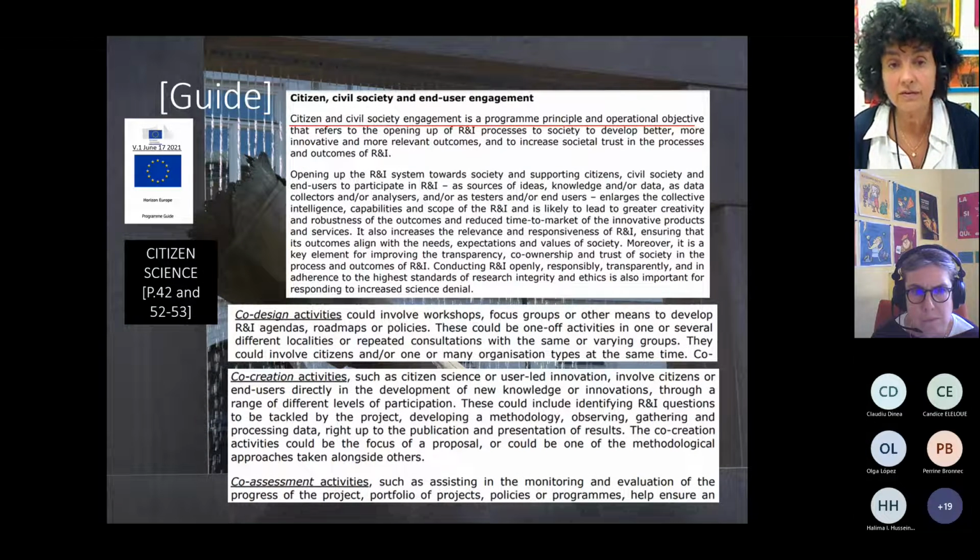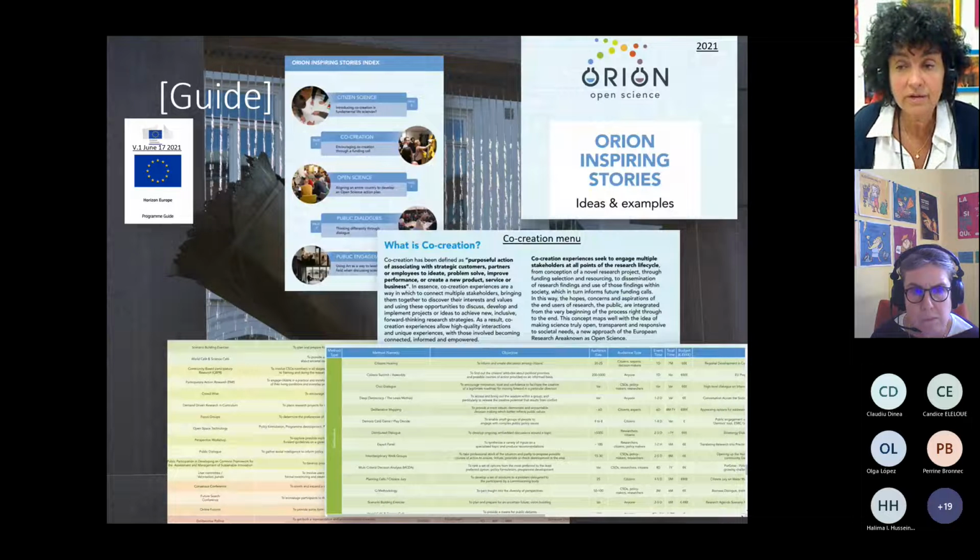Citizen science is one, I would say, of the recommended practices which are more positively evaluated, okay? Any practice of co-design, co-creation, co-assessment is highly positively evaluated.